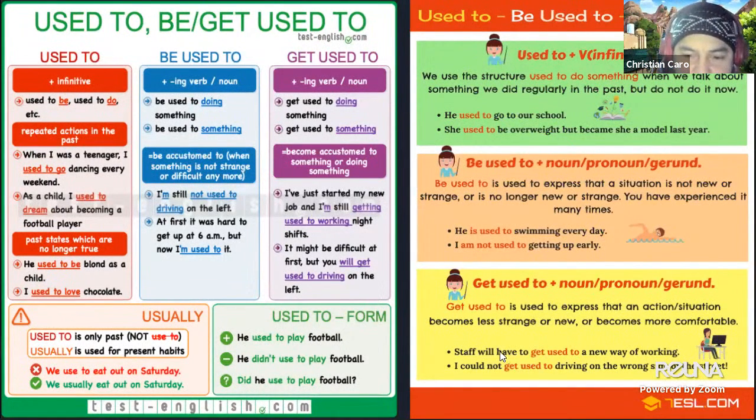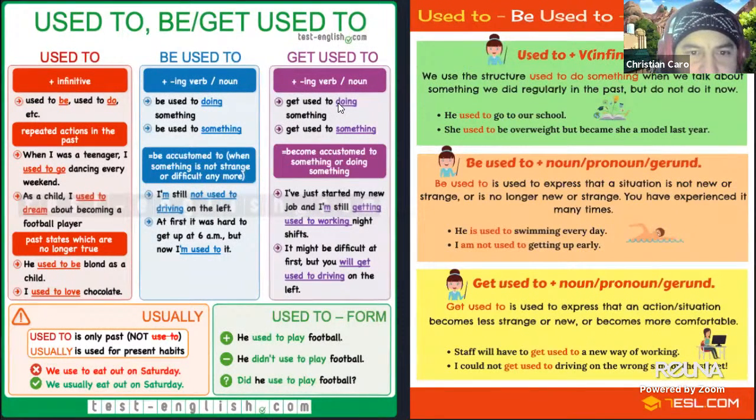So in this case, you're saying that el personal se tendrá que acostumbrar a una nueva forma de trabajo. Yo no podría acostumbrarme a manejar en el lado contrario. And stuff like that. So in this case, es como la etapa previa para acostumbrarse. Here.